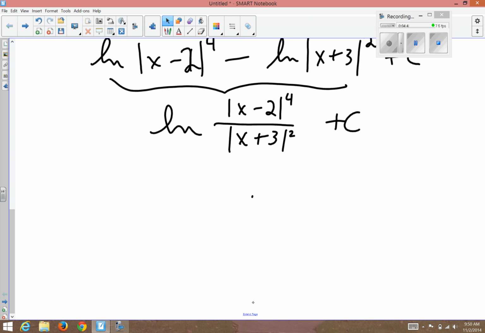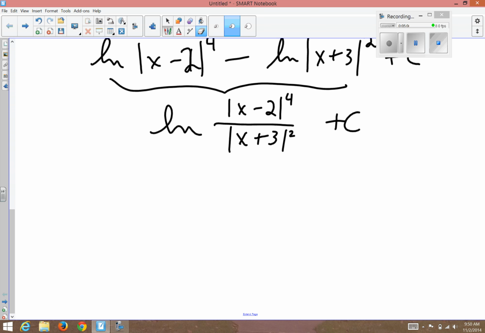And the answer key has the absolute value signs gone, because if you raise something to the 4th power, it will be positive. Same with the exponent 2. Anything raised to the second power will be positive.